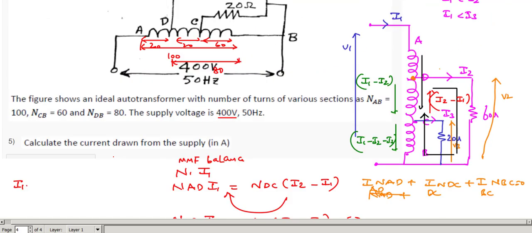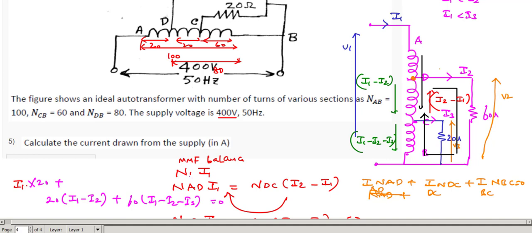So I1 into NAD, that equals how much? 20 turns plus NDC, how much? 20 into I1 minus I2, plus NBC, how much? 60 into I1 minus I2 minus I3 equal to 0.